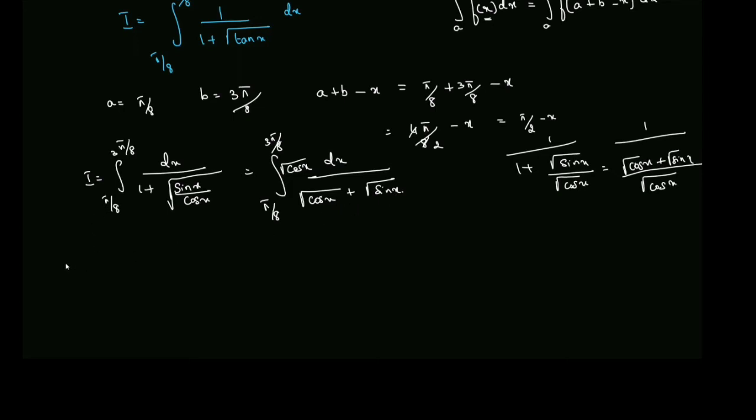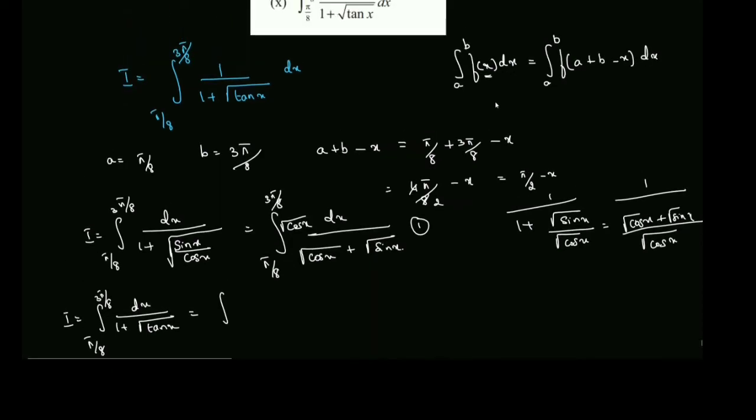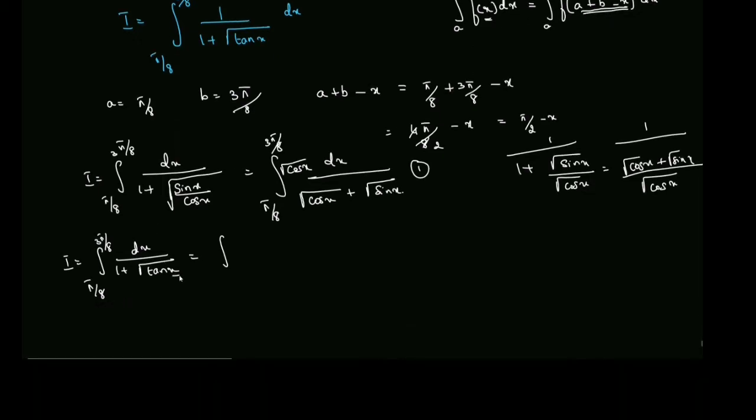Let us write this as equation 1. Now let us use the property. The integral from pi by 8 to 3 pi by 8 of dx by 1 plus root tan x is equal to the integral where x is replaced by a plus b minus x. We found that a plus b minus x is equal to pi by 2 minus x.